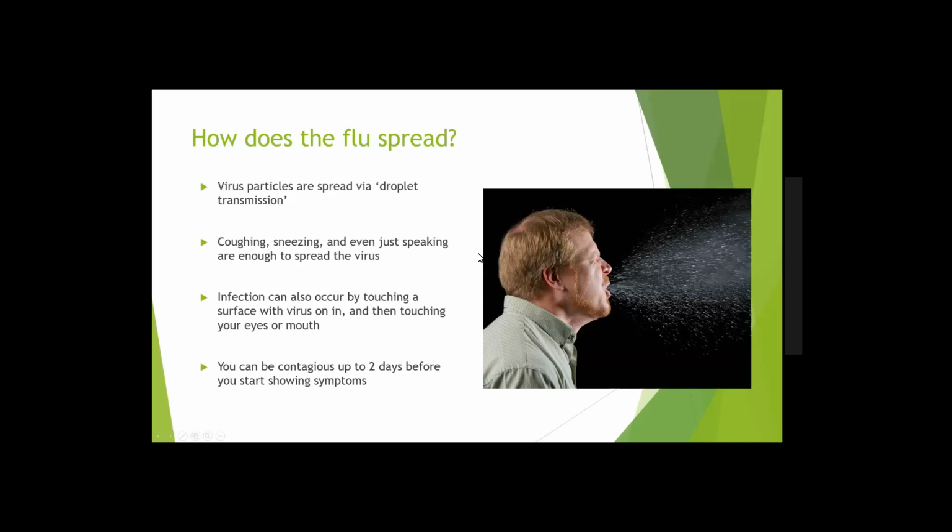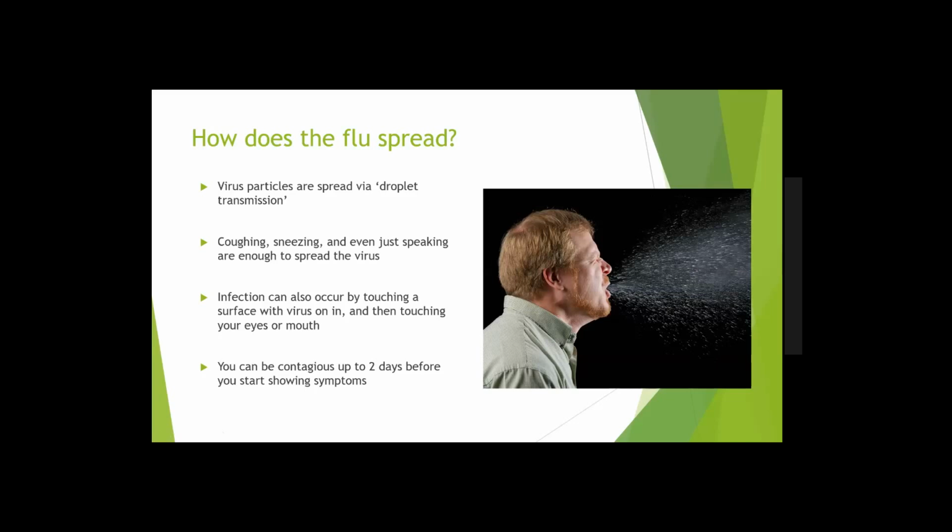So how does the flu spread? Because of everything that's been going on with COVID-19, everybody is more aware than ever of how viruses spread and how to best protect yourselves from them. And the flu is very similar to COVID-19 in the way that it spreads.